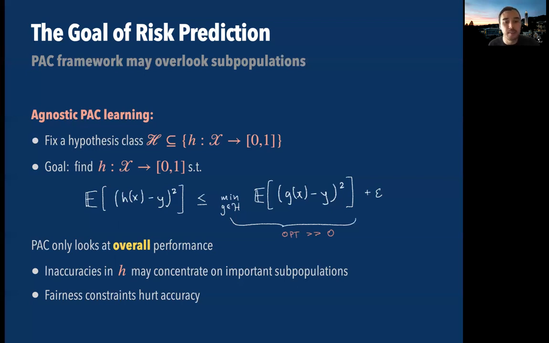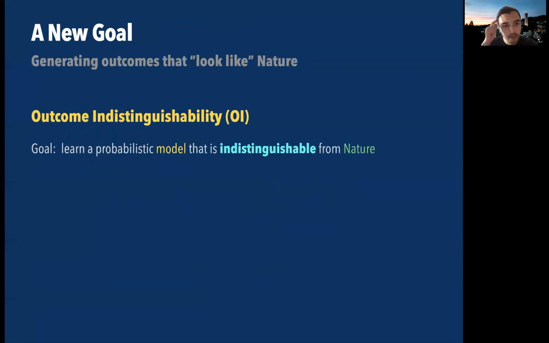It doesn't make any requirement on where the errors should occur, which can lead to downstream unfairness, for instance, errors concentrating on a specific subpopulation. So here, if we try to impose some sort of fairness, it necessarily is a constraint and therefore must be traded off with accuracy.